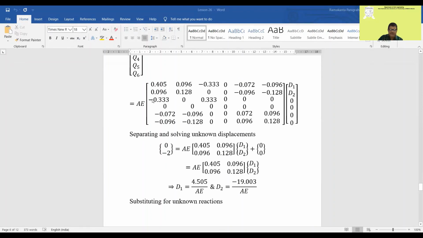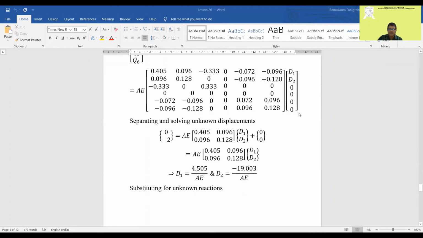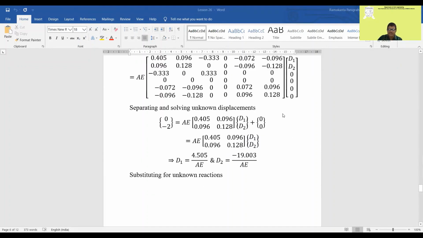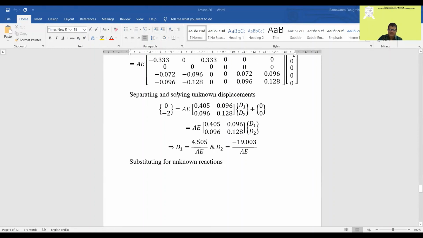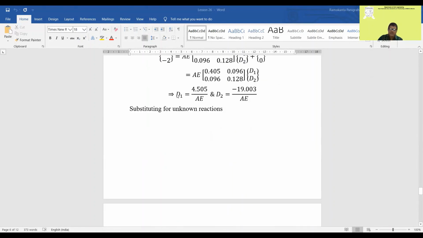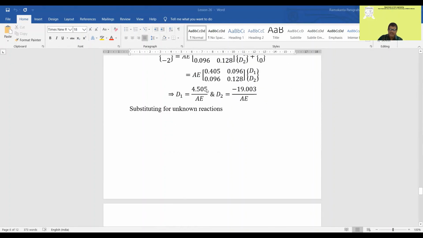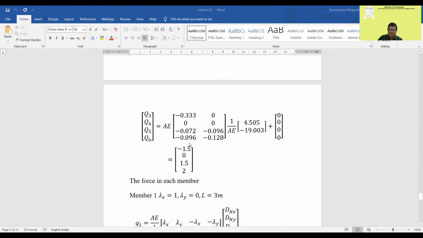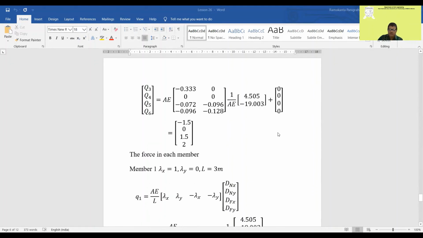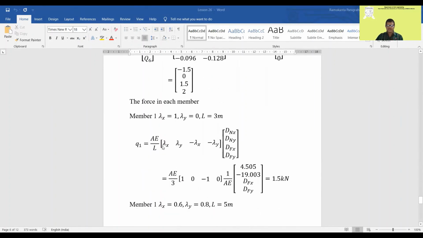You can separate like this and multiply to find Q3, Q4, Q5, Q6. These are the reactions. Or you can take the entire 6 by 6, but since all are 0, only two columns can be taken. Here 2 columns are taken, and 0, 0 are the forces at the joints. We can find the values Q3, Q4, Q5, Q6.